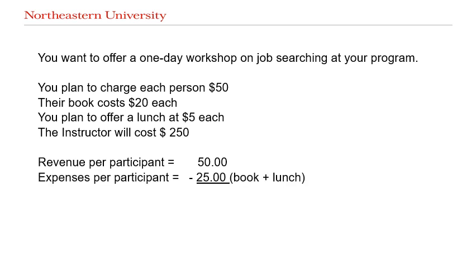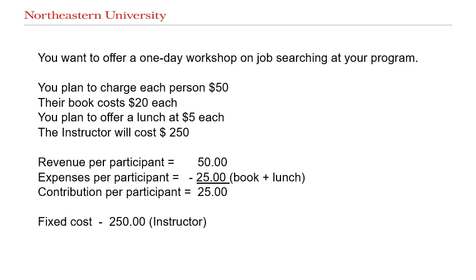So your revenue per participant is what you are charging them, $50. And the expenses per participant are the book and the lunch you are buying for each person, and that's $25 per participant. 50 minus 25 means that each participant's contribution, as it were, is $25.